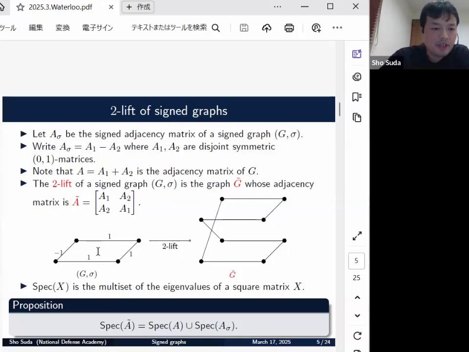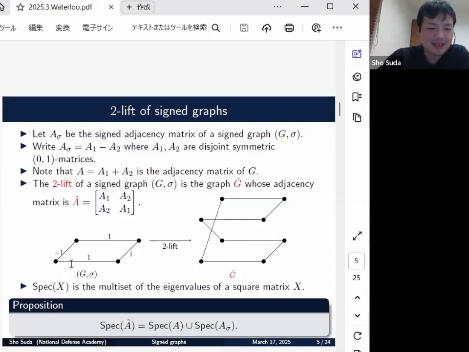So for example, if we take this signed graph on C4, we can construct the undirected graph G tilde like this. G tilde has two copies of the vertex set of the original signed graph, and then we define the edge set on this.